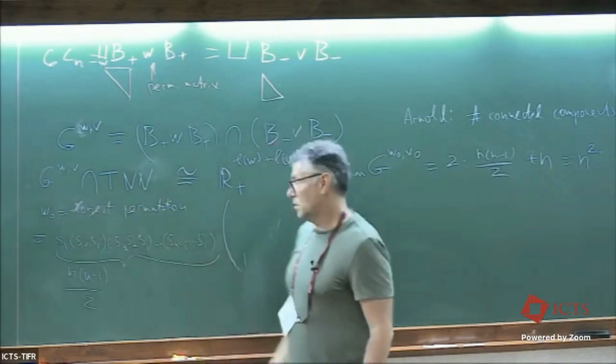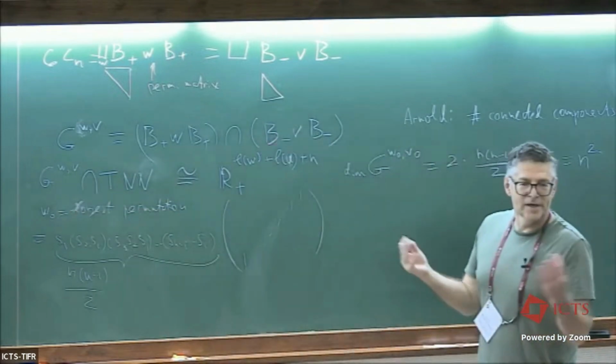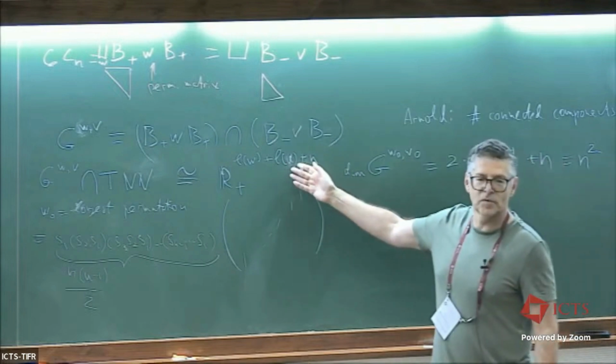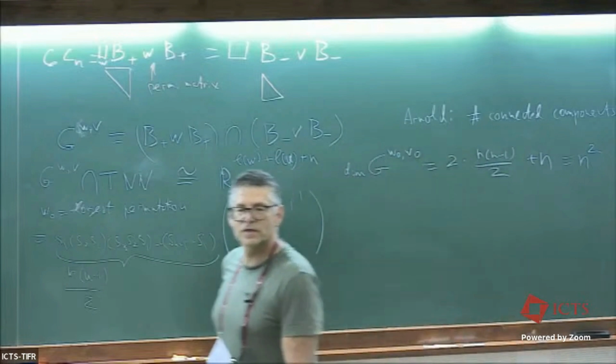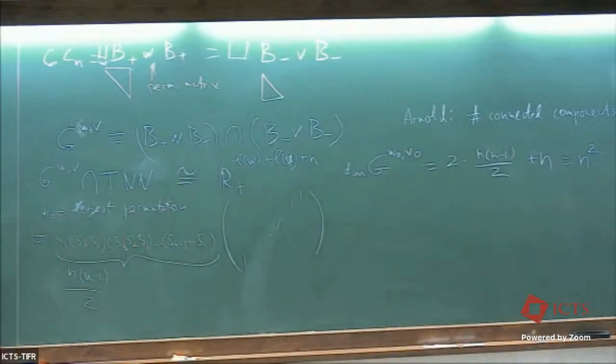You want to say this is diffeomorphic to an open ball, and the closure is diffeomorphic to a closed ball. Of course, there is no guarantee, because if you consider a circle without a point, the closure will no longer be a closed ball. But in fact, it is true: the closure of this set is a closed ball, and all these things together form a CW complex. This was the extent of the Fomin-Shapiro conjecture that was proven.